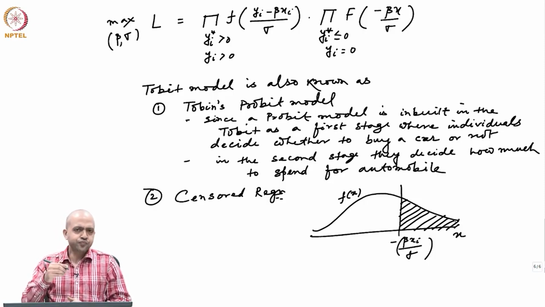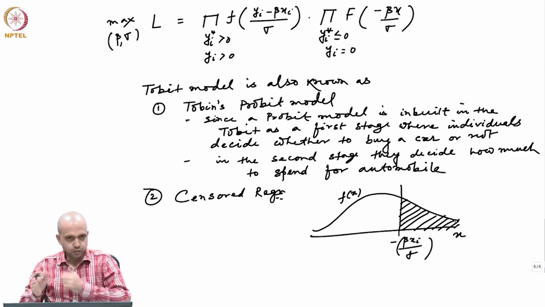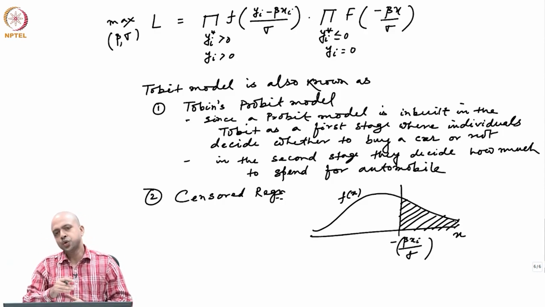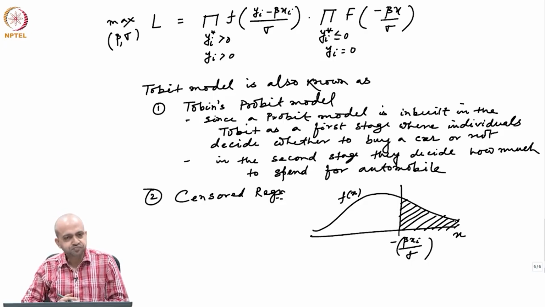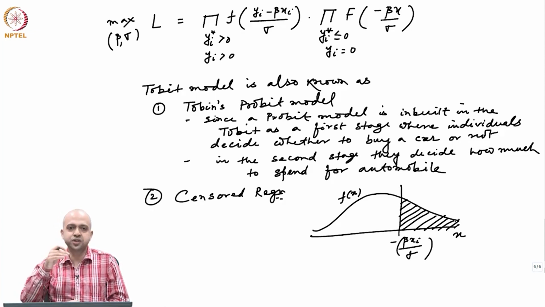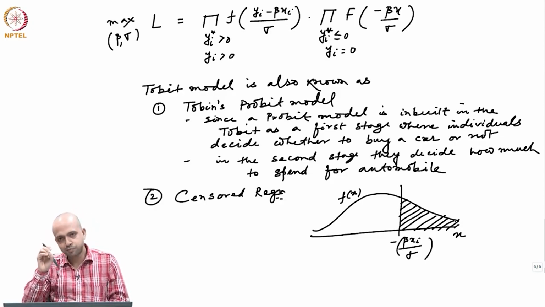Now, this is called censoring from the low or left censoring. You can do censoring from the upper limit also. For example, let us say you are observing the efficiency of a firm, where efficiency is defined as actual output to potential output, right?